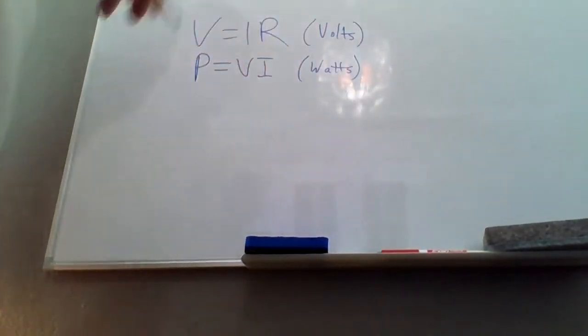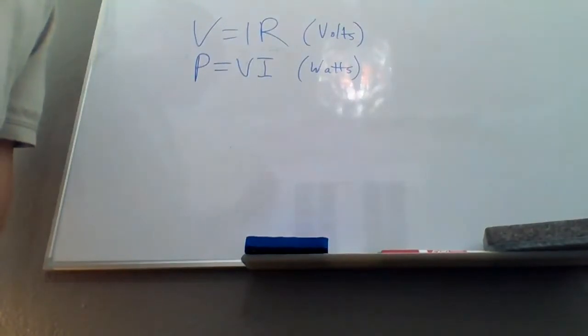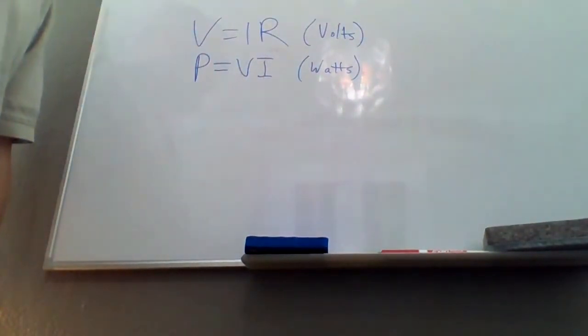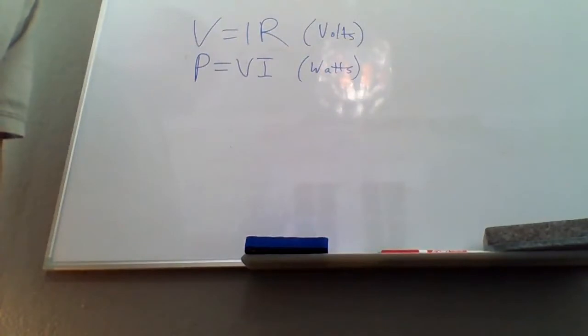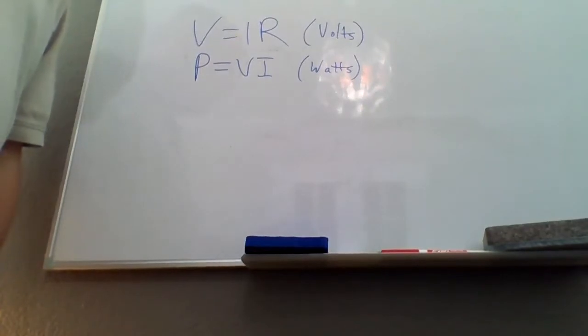What power is, it's the amount of energy over a given amount of time. So if you hear horsepower, that's how much work a horse could do in a certain amount of time. So it's a measure of work over time. It can also be used to determine how much heat is produced.